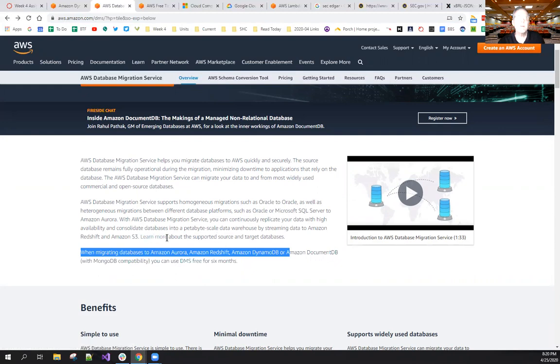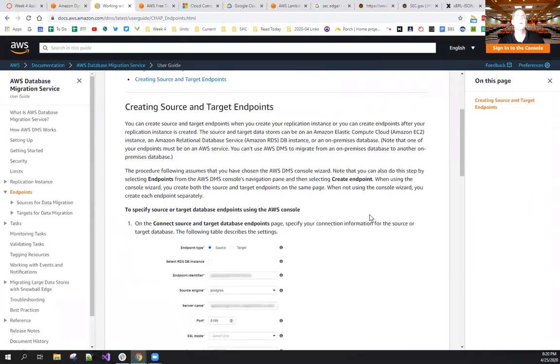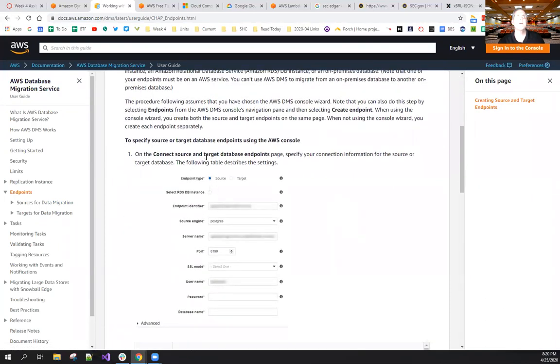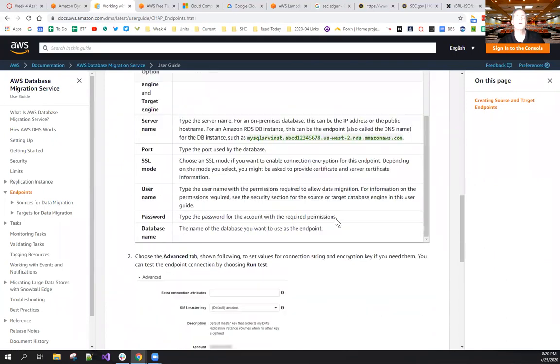Let's see, learn about source and target. I wonder if you can have a source MySQL and then a target. Source and target endpoints. The source is MySQL, and then the target is a Dynamo. I don't know if you can do that.